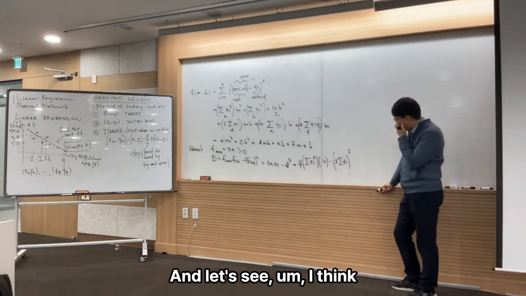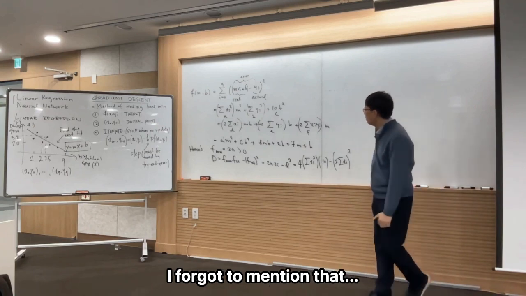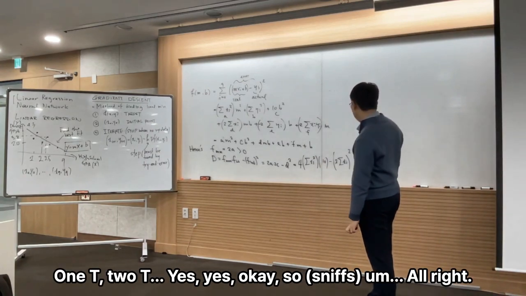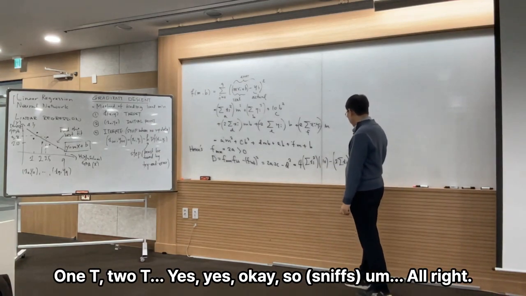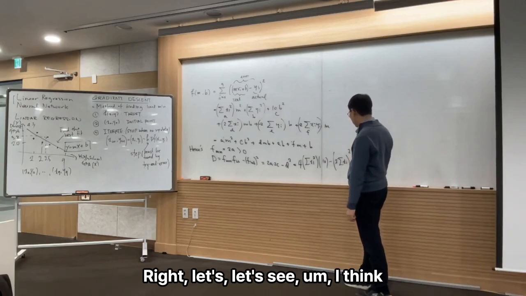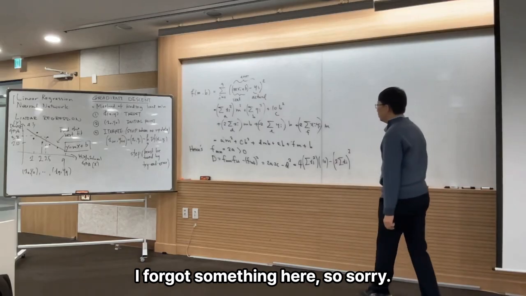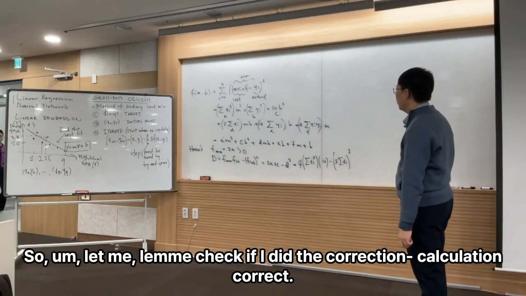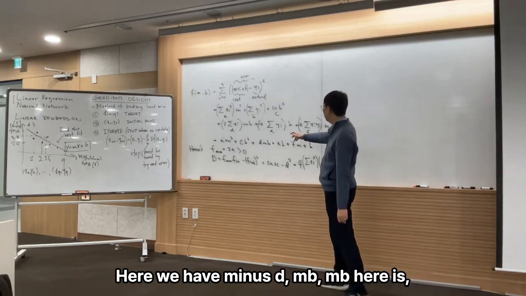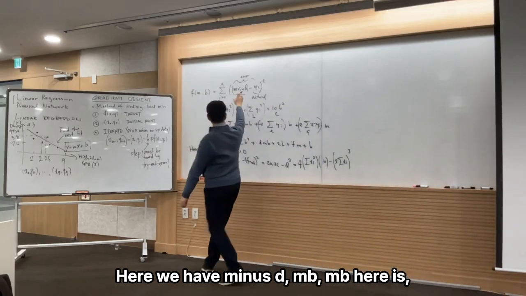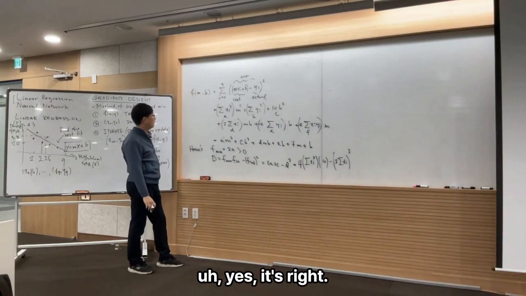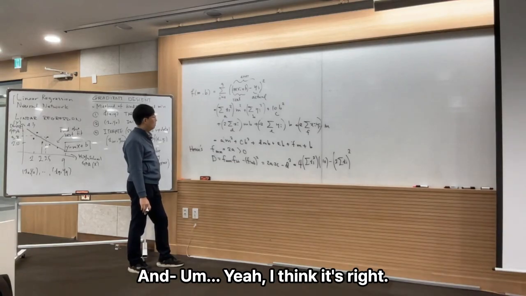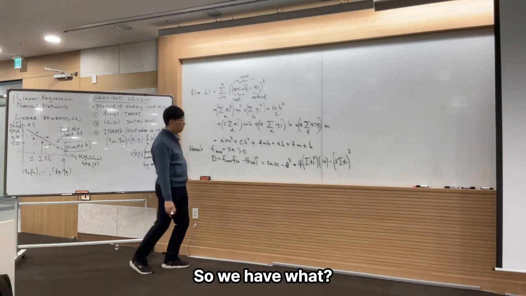I think I forgot something here. Sorry, let me check if I did the calculation correctly. Here we have minus d mb. Yes, that's right. And yeah, I think it's right. So we have what?